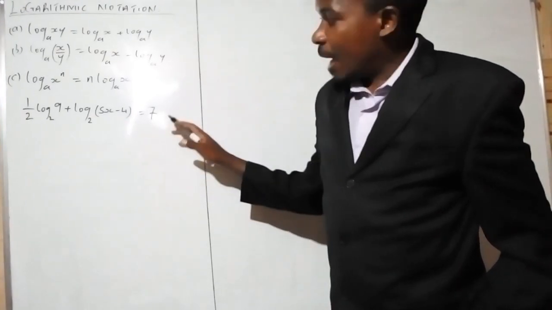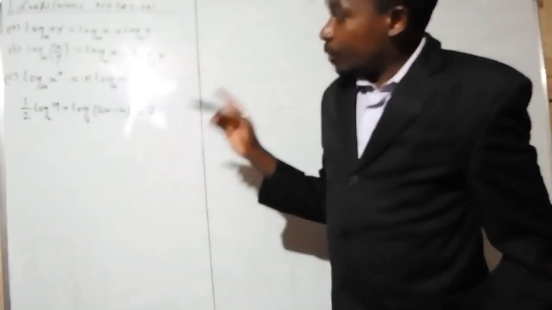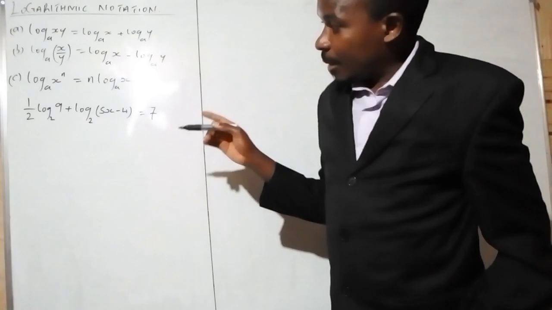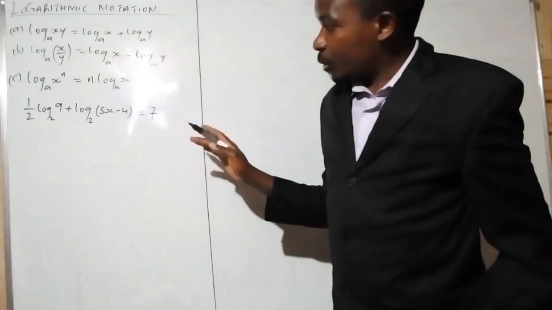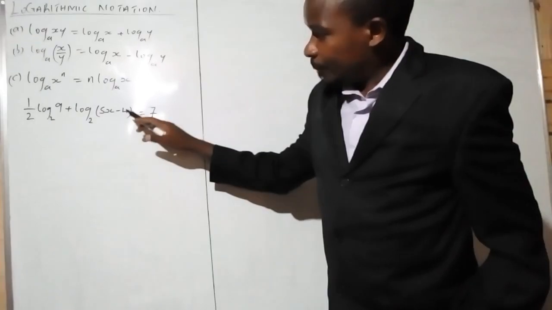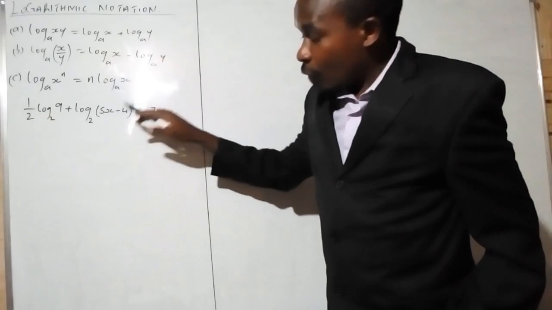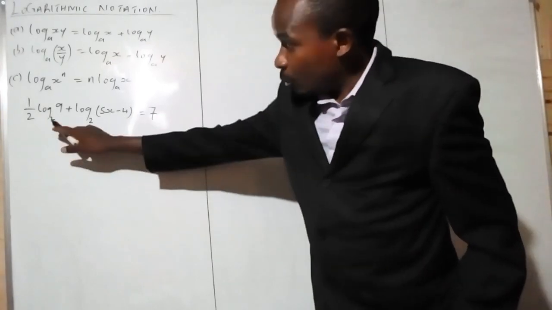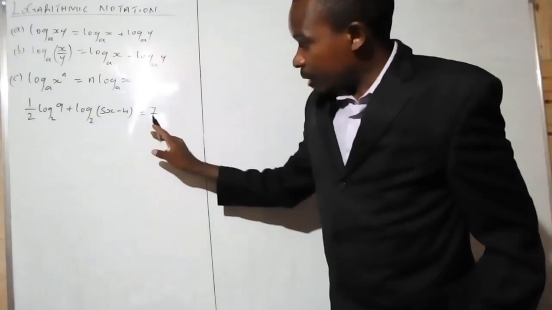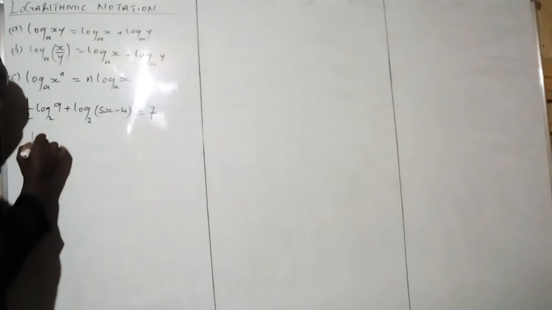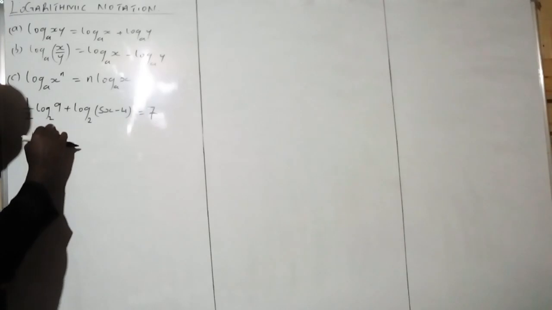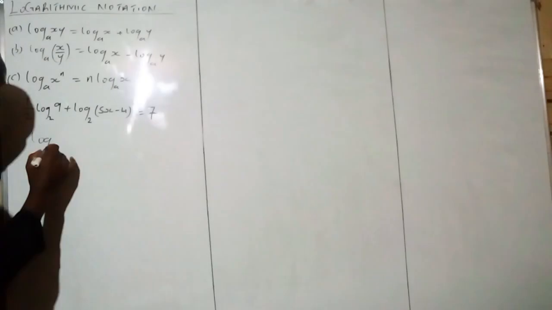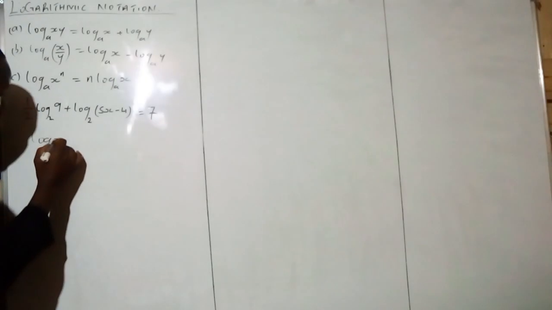We don't have log on the right, so you cannot proceed with this question the way it is. On my left hand side I have log, so on the right hand side I'm also supposed to have log, and that log should be to base 2 raised to something equals 7. Since on my left hand side I have log to base 2, this is what directs me on my right hand side: log to base 2, to power x, is equal to 7.